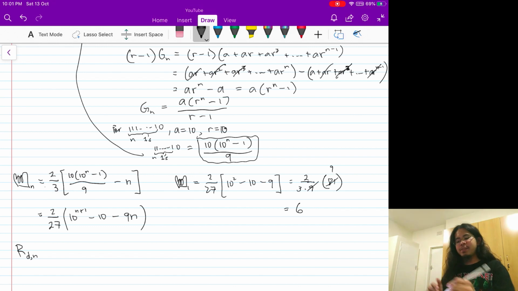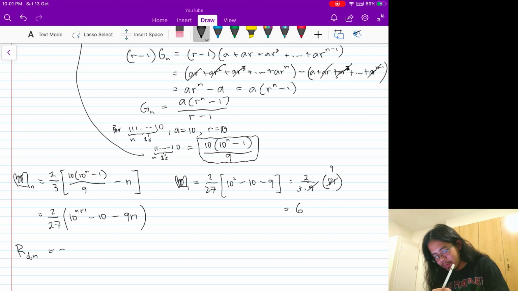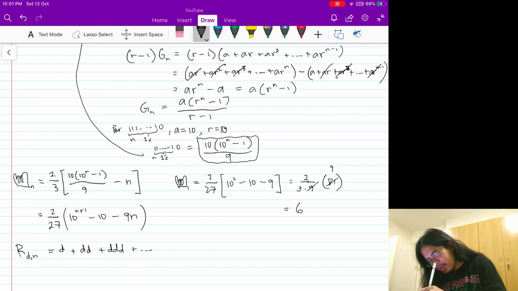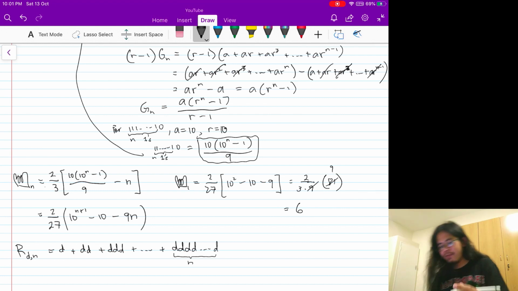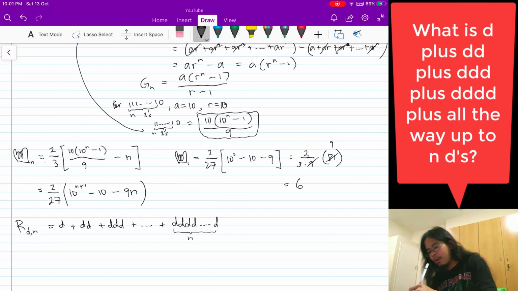d, n. So this means you take any digit d, and then you repeat that digit again, you repeat it again, all the way up until you get to the point where there are n of them. Of course, in our notation, R of 6, n, this was our metal sum.